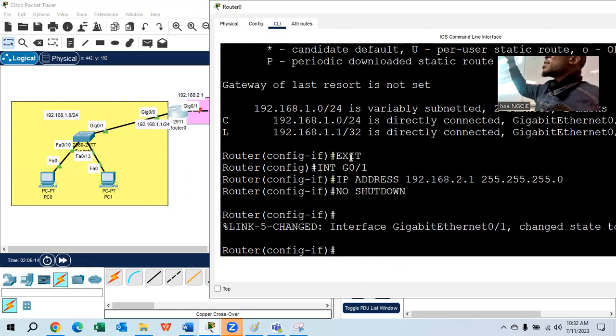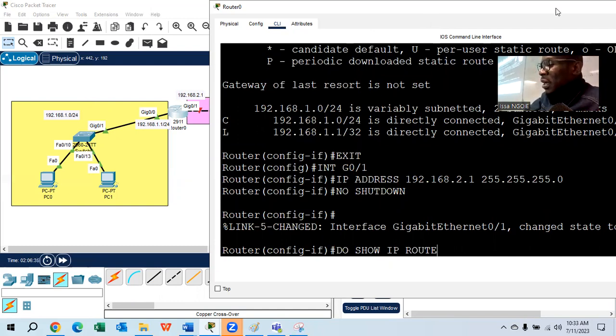Remember, the database of your router is called the routing table. Let's check again what is there on your routing table. Do show IP routes, right? Every time you do a configuration, you must check your database, your routing table.